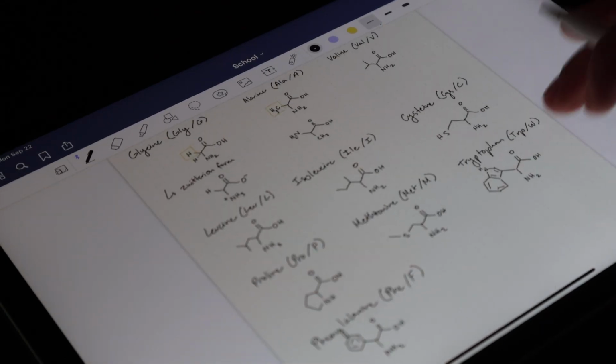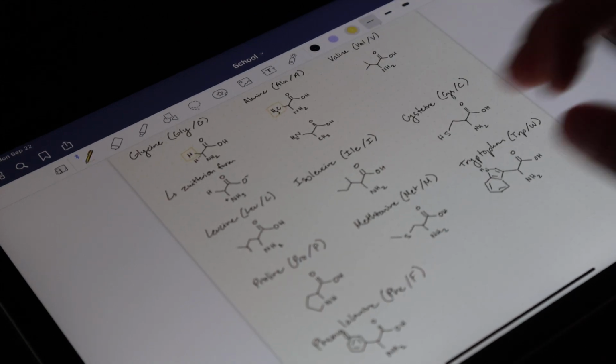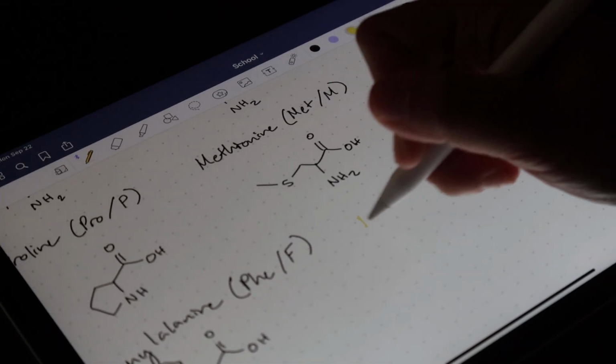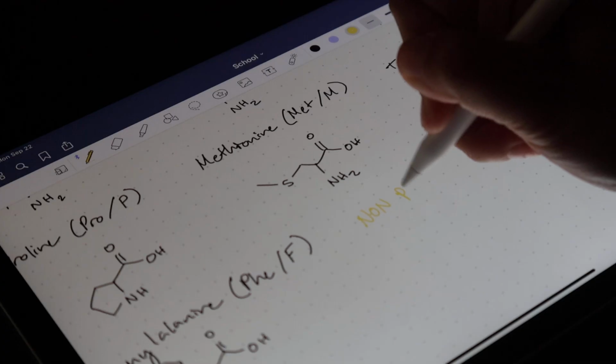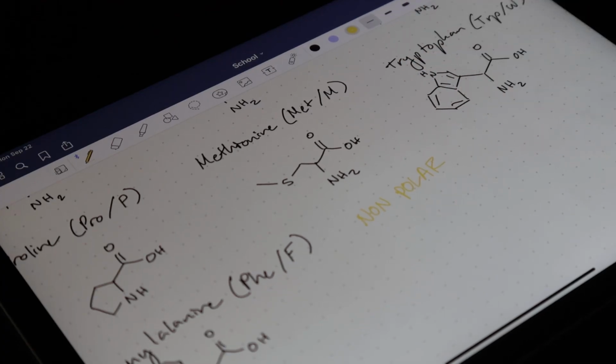So the reason I did all of these first is because this whole group rounds out our non-polar amino acids.